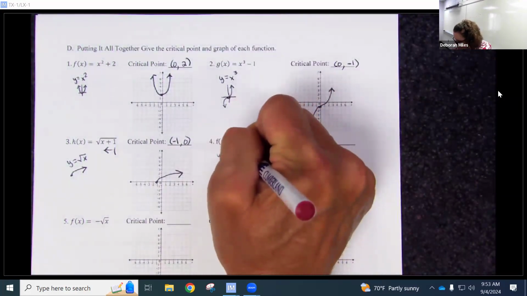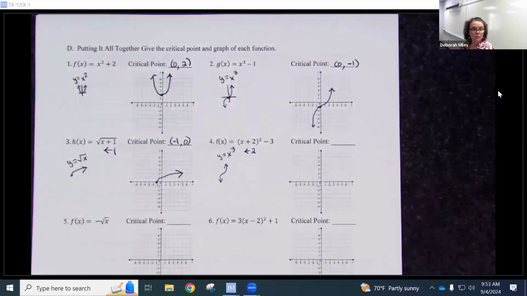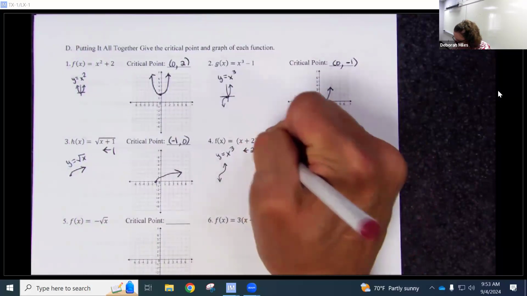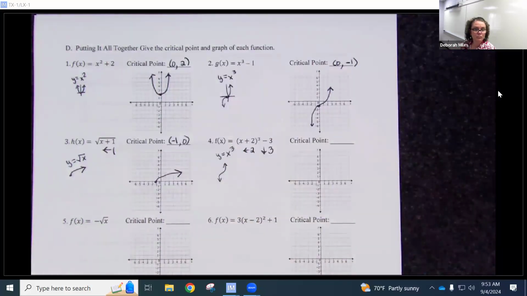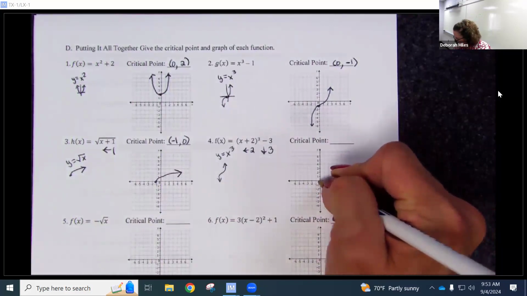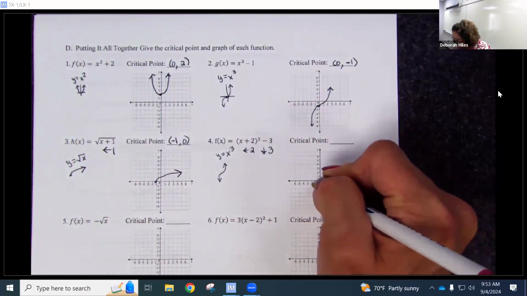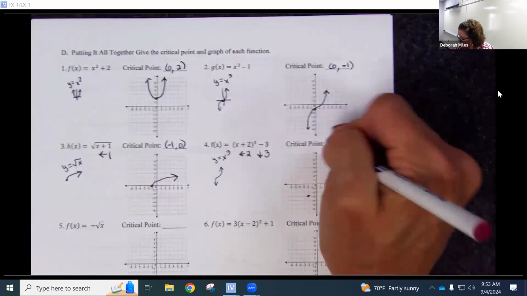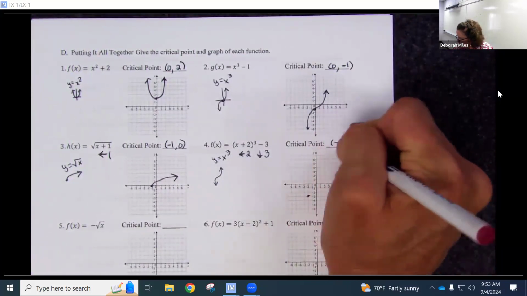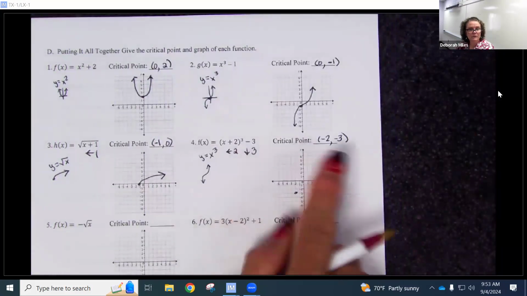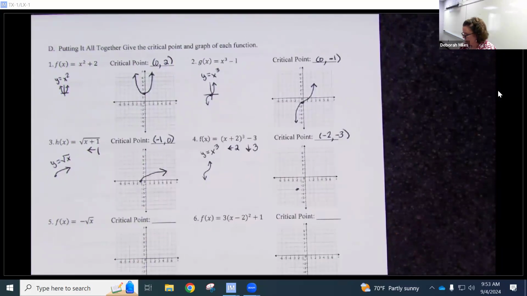So this is a shift to the left 2. And then my vertical shift is down 3. If we started at 0, 0, went to the left 2 and down 3, that's our critical point, -2, -3. The horizontal shift and the vertical shift.